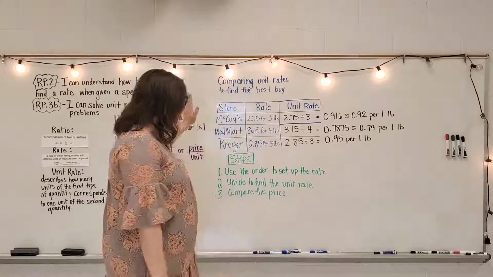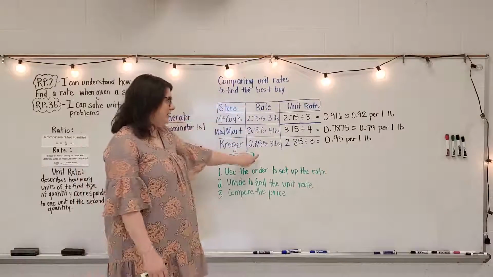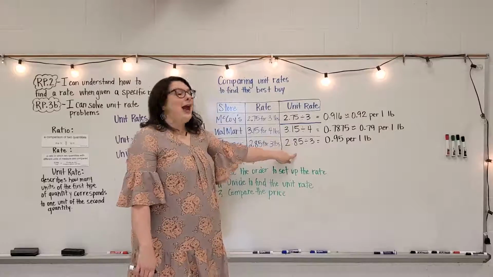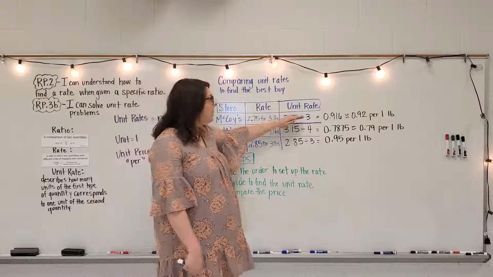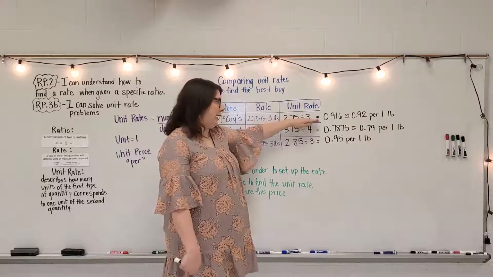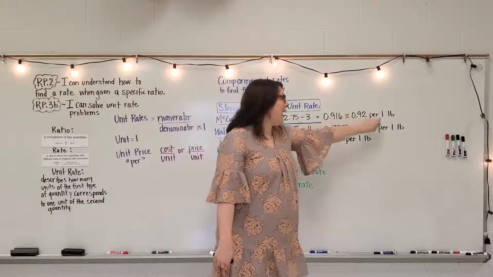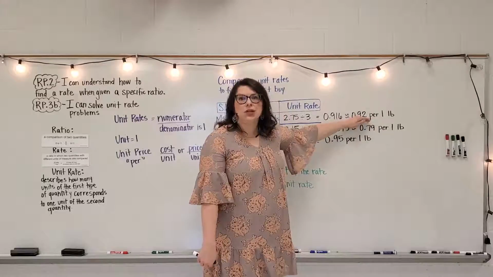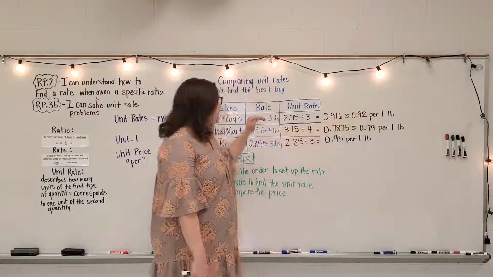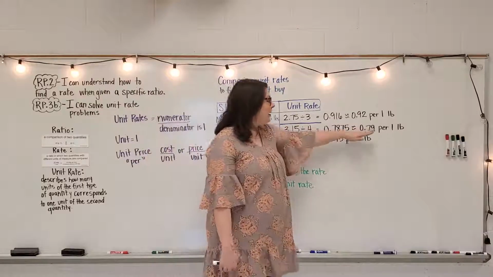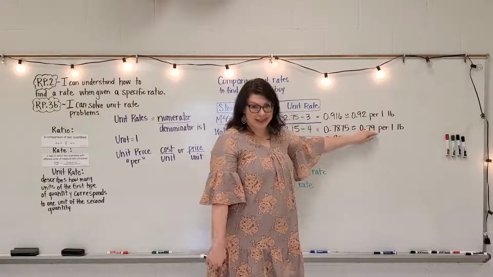So in this example, I've set up my rates. I've divided the rate to find the unit rate. And then when I divided the price per pound, I found my unit rate. Every single pound costs 92 cents at this first grocery store. In the second grocery store, I can get 1 pound for 79 cents.